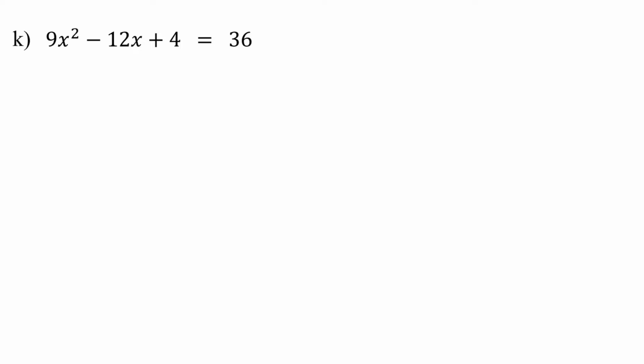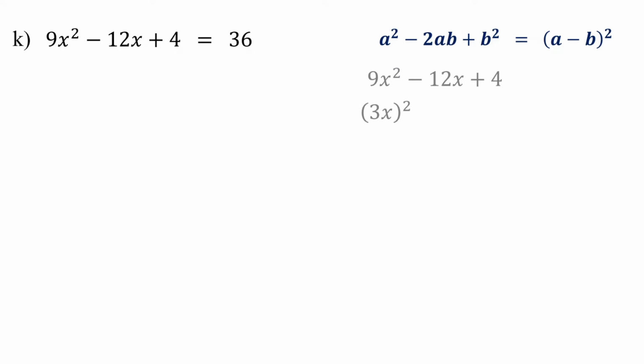Just as we did in the previous example, our first step is to factor the perfect square trinomial. This trinomial is in the form a squared minus 2ab plus b squared, which is equal to a minus b squared. 9x squared can be written as 3x squared, right? And 4 can be written as 2 squared.